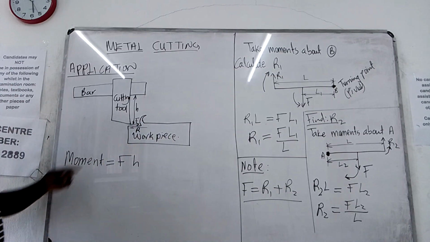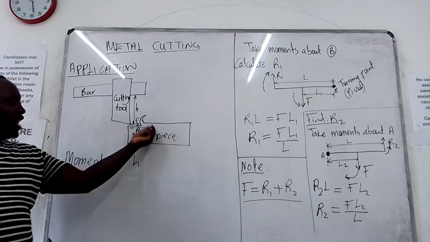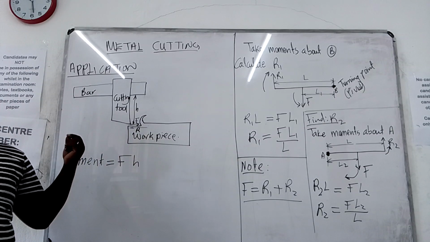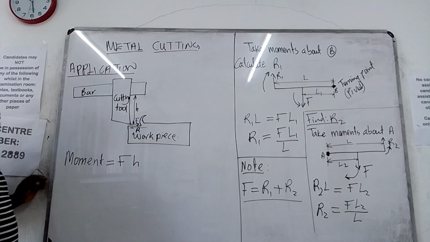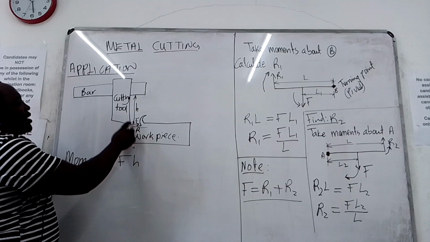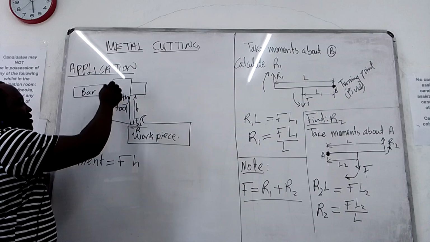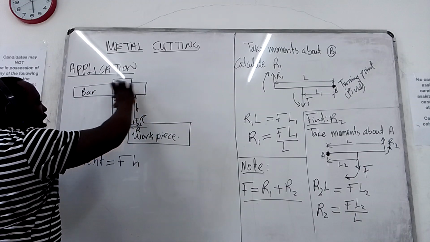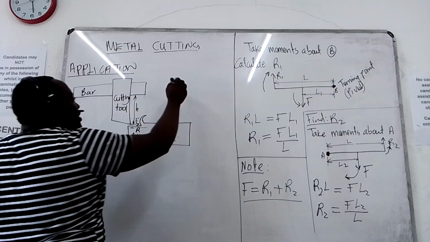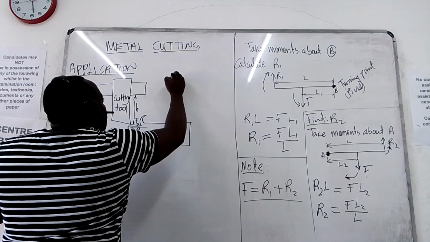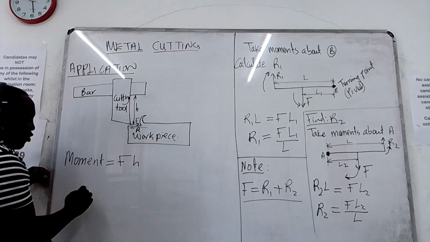Okay? So this is pushing, this is counter reacting. So in terms of moments, for us to know what is the reaction on this, I have to do the free body diagram of this one. Your drawing will be like this.